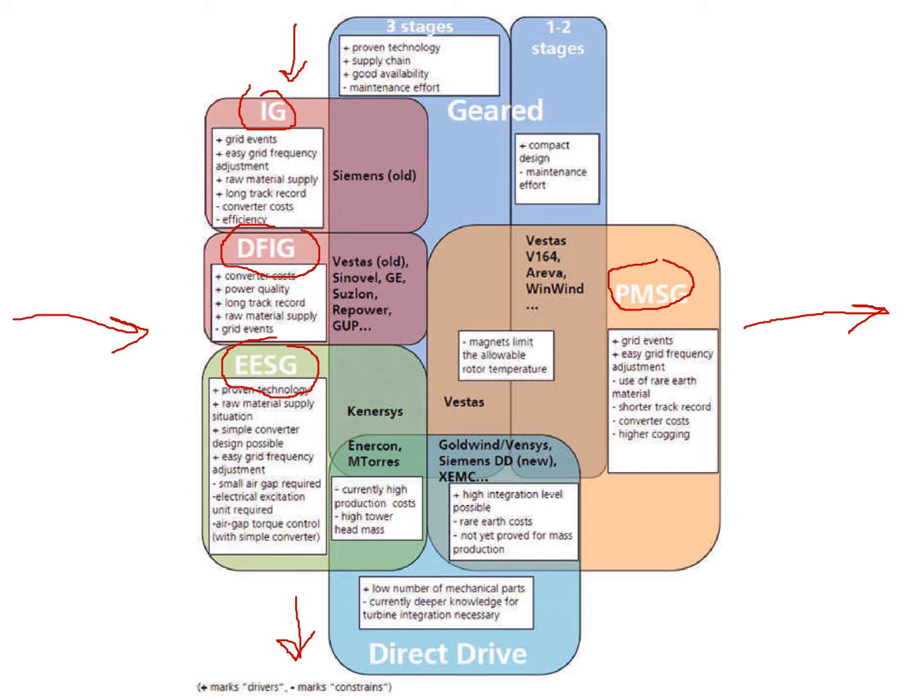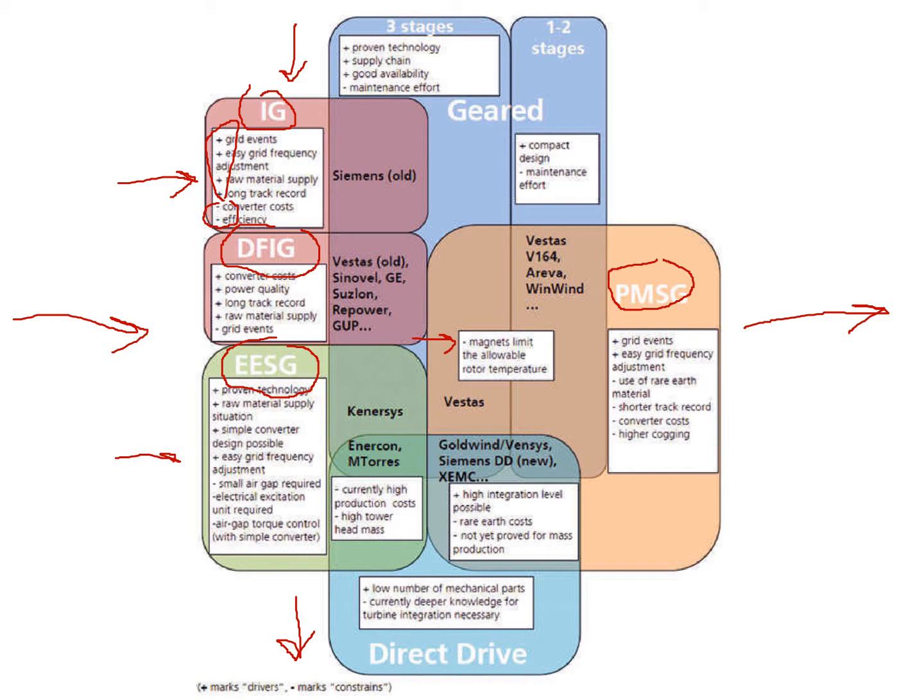And you see that for each generator there are certain pros and cons. Pluses are for pros and minuses are for cons. For some of the generators there is more information, for some a bit less. But the point is, all these combinations are feasible, and in the real world all these combinations are being used today.